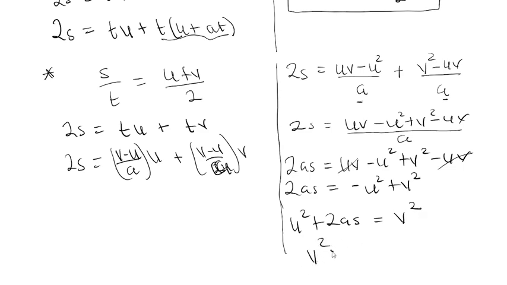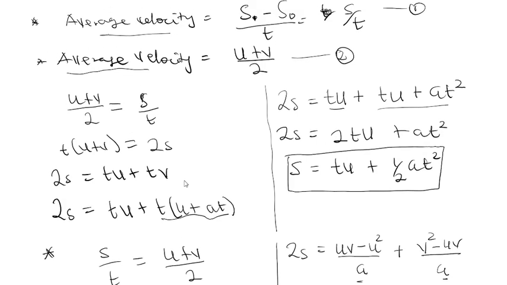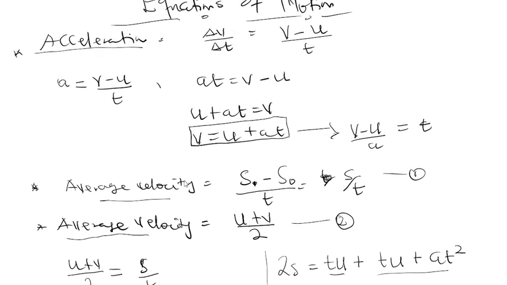So our v squared is equal to u squared plus 2as. And this happens to be the third equation of motion. So those are the equations of motion. Right.